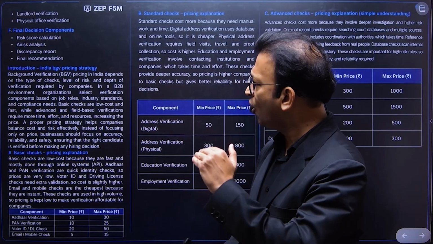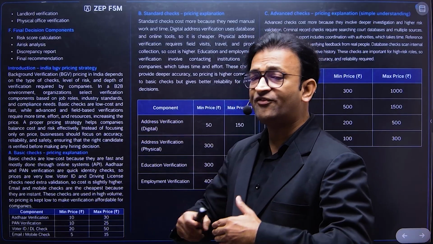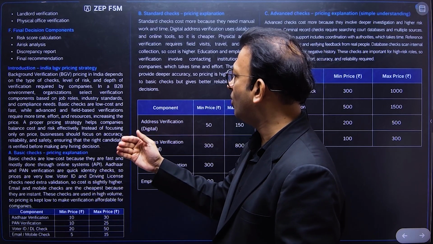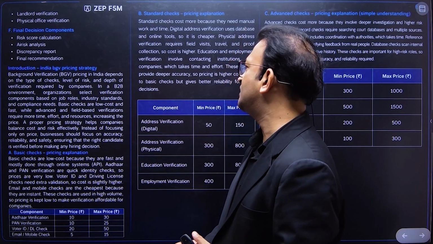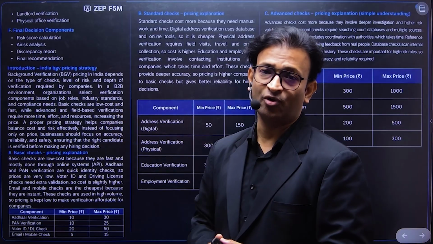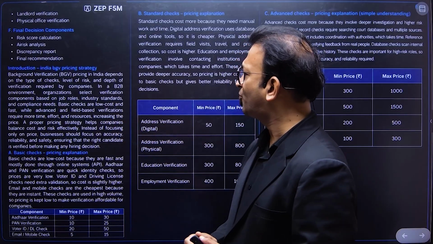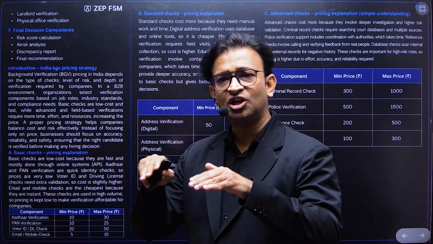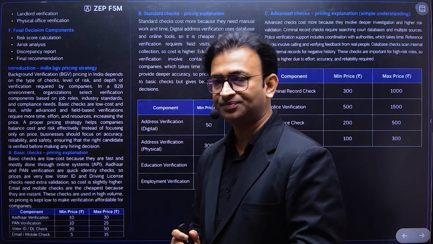Basic checks are low cost and fast, while advanced and field-based checks require more time, effort, and resources, increasing the price. A proper pricing strategy helps companies balance the cost and risk effectively.